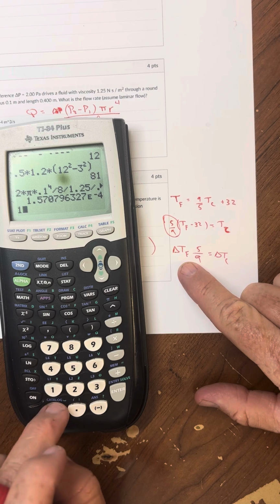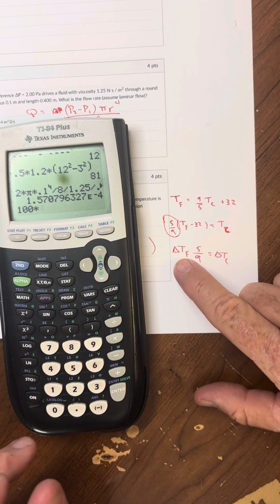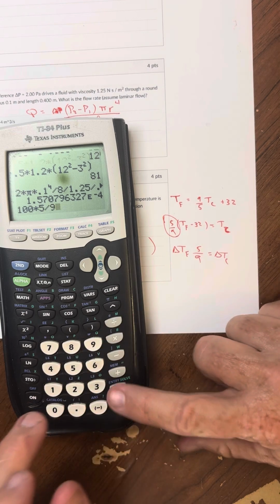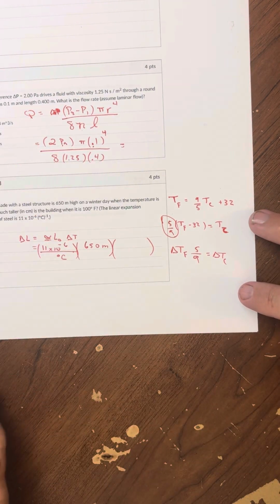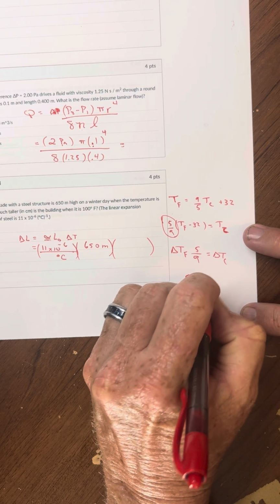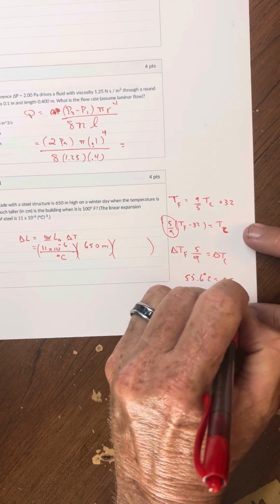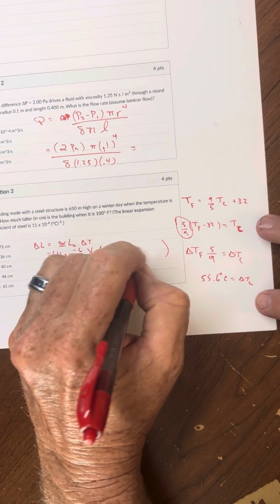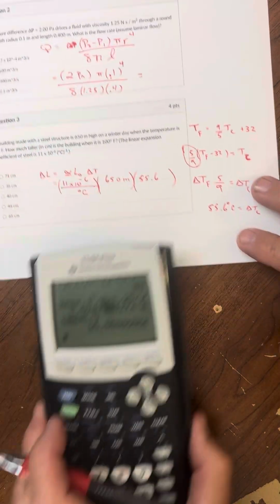And so this would be 100 change in Fahrenheit. And then 5 divided by 9 means it's going to be a change of about 55.6 degrees Celsius. So that I'll put here.